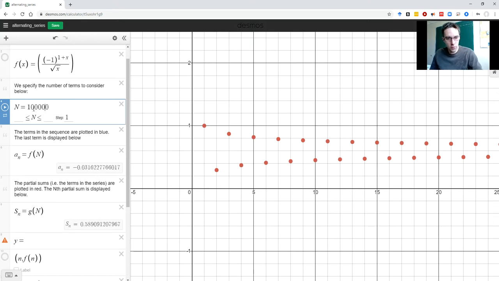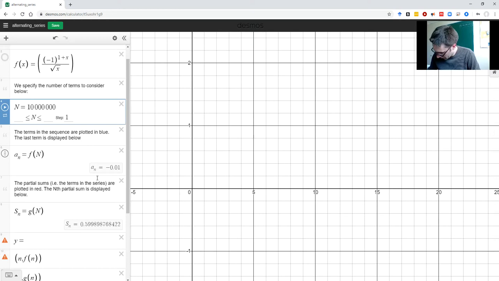And if we add a few more terms, you'll see that we're going to be pretty close to the true value. The true value is actually something closer to 0.599, and in fact, maybe it's 0.6. I'm not sure exactly what the exact answer is, but that seems like a plausible guess based on what we've seen thus far.